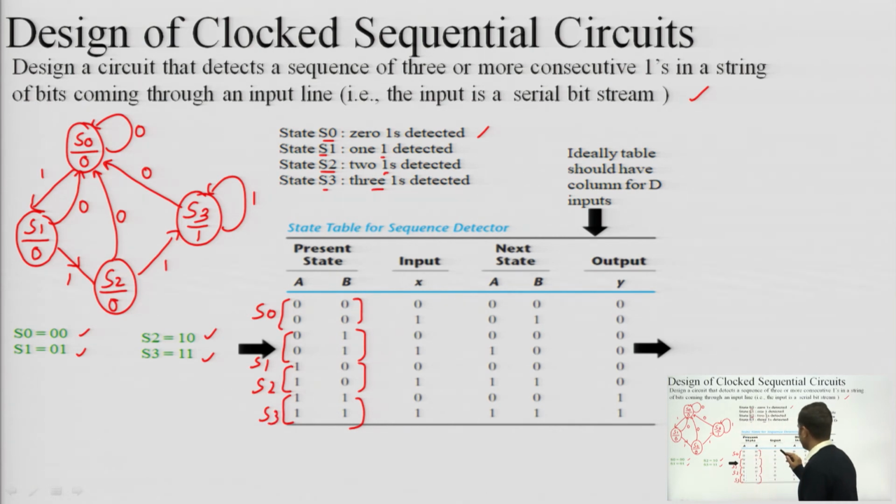And for x is equal to 0, you can check that everyone's next state is 00. That means S0.